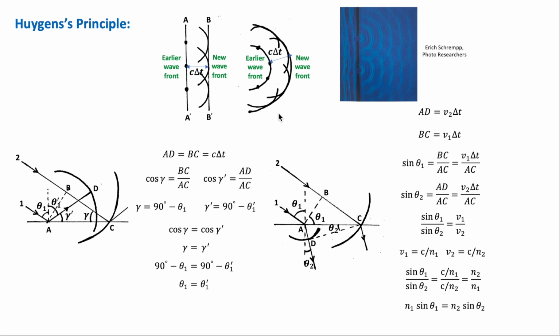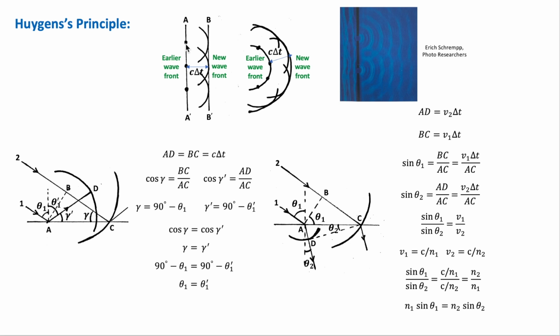For this first case of a plane wave moving in free space, at t equal to 0, the wavefront is A A dash, and each point on this wavefront here is a point source of a wavelet, according to Huygens' principle.